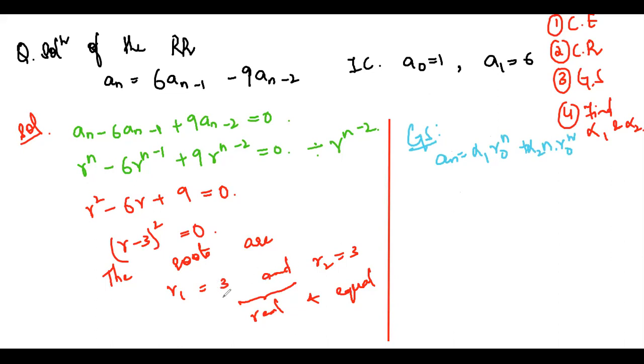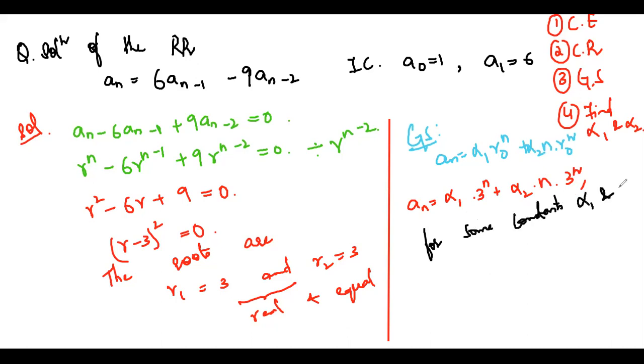R naught is basically the only single root that we have, which is 3. So an is equal to alpha 1 into 3 power n plus alpha 2 into n into 3 power n. Now what are these alpha 1 and alpha 2? Just mention it. So alpha 1 and alpha 2 are some constants.